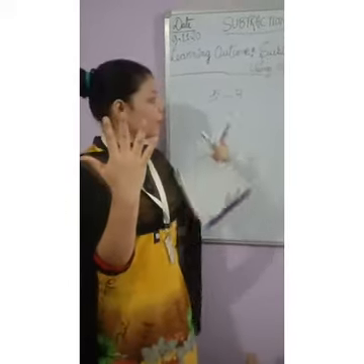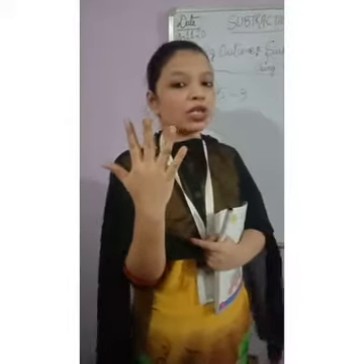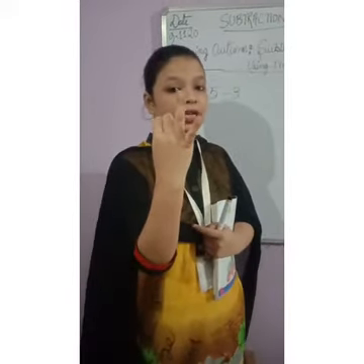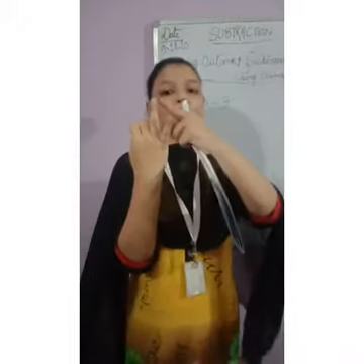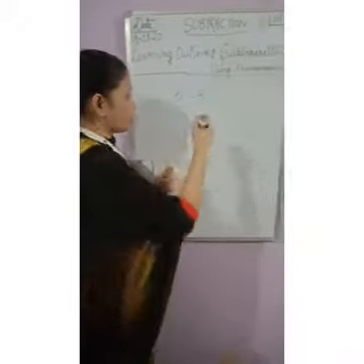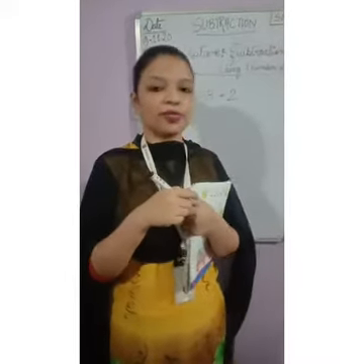Five fingers are open. Now what number do we have to subtract? 3. So I will close 3 fingers: 1, 2, 3. Three fingers are closed. Now how many fingers are open? 1, 2. So 2 fingers are open. In this way, we can do subtraction using our fingers.